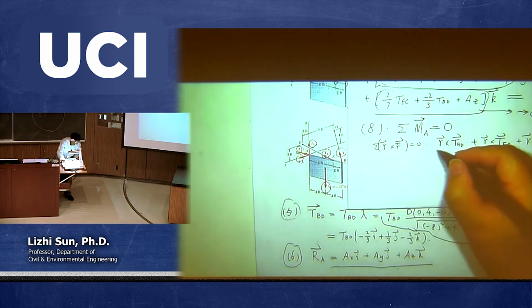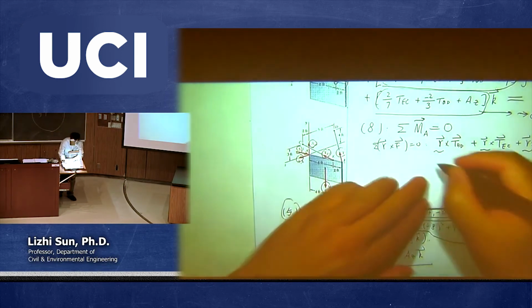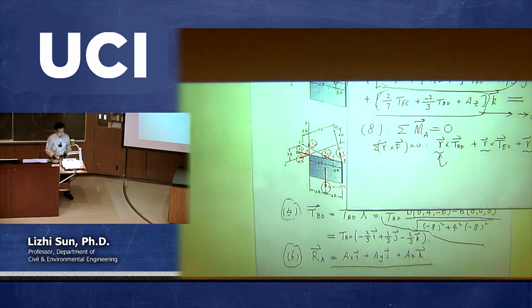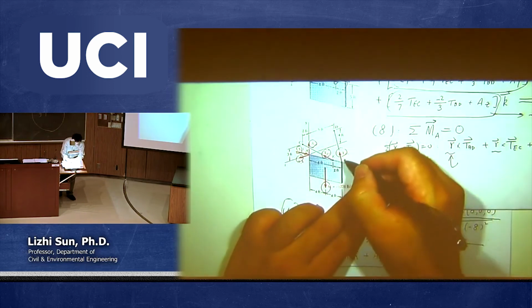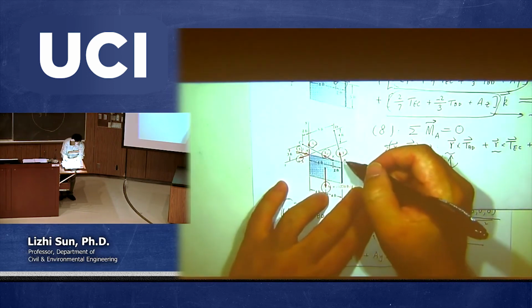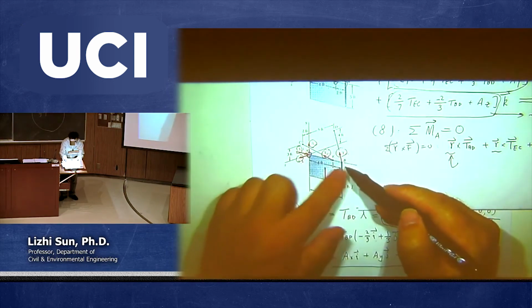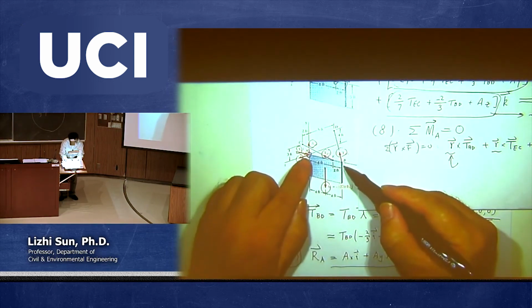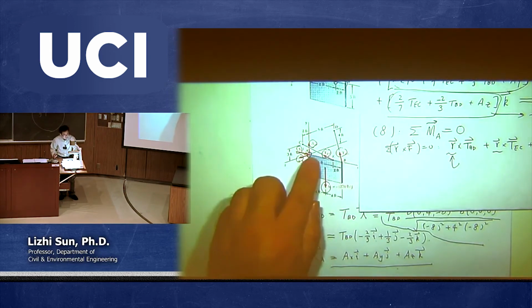So we just need to find these three distance vectors. Let's do one by one. The first vector is related with the force BD. So going back to look at this, the force BD. So what is the R? In other words, what is the distance vector from the point we want to calculate moment, that's point A, to the point where the force is applied, that's point B. So from A to B, that means B subtract A. But A is the origin point, and that's easier, just B itself.